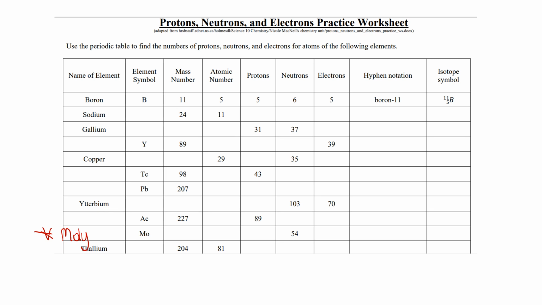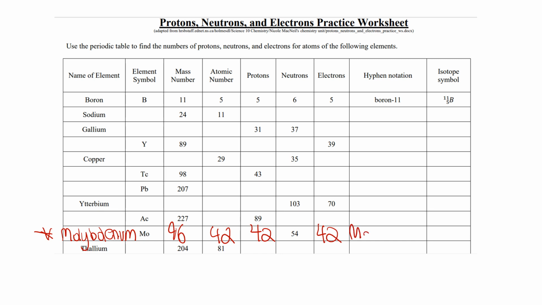The second last one is molybdenum. That is element 42. It means atomic number is 42, protons is 42, electrons is 42. Mass is protons plus neutrons, so that's 96.